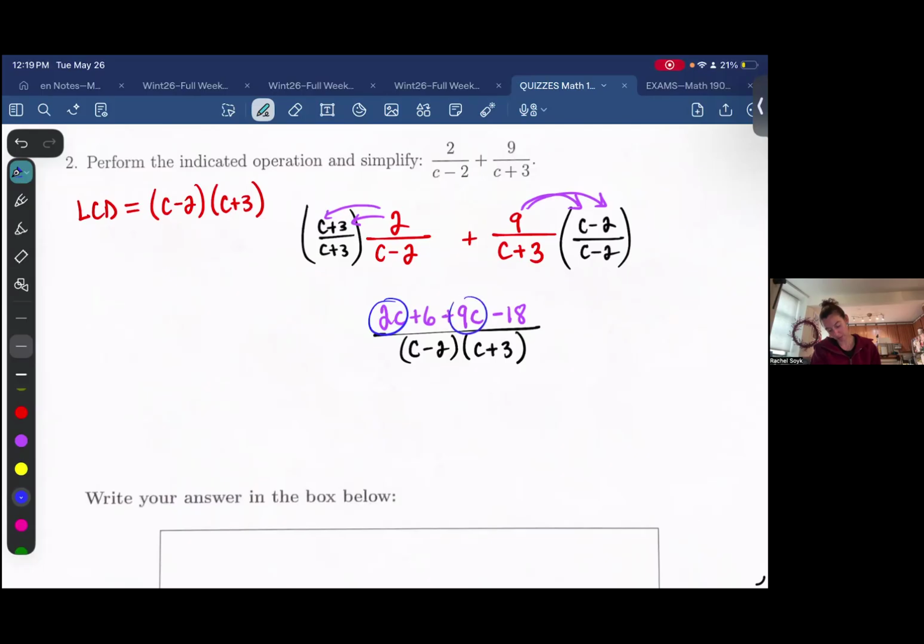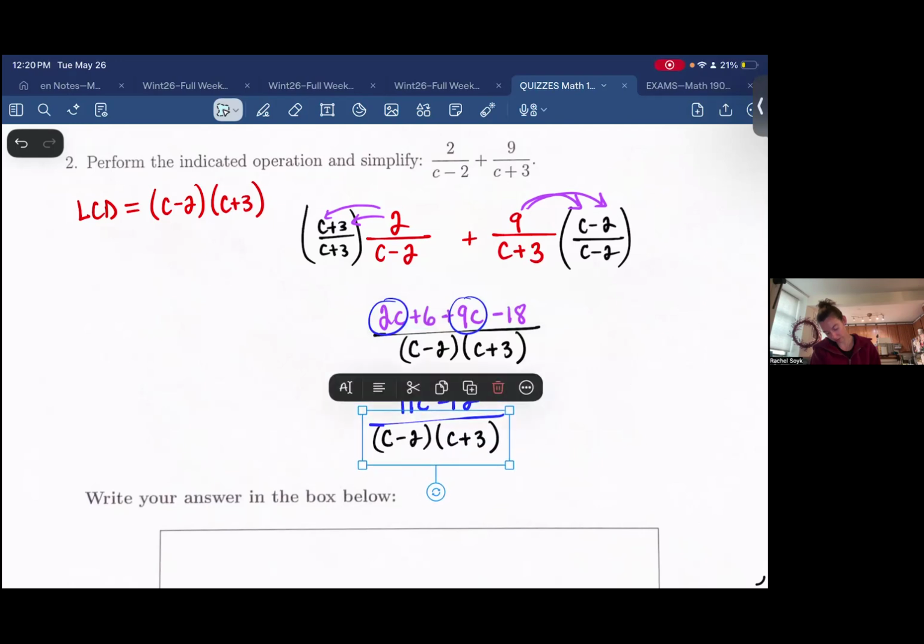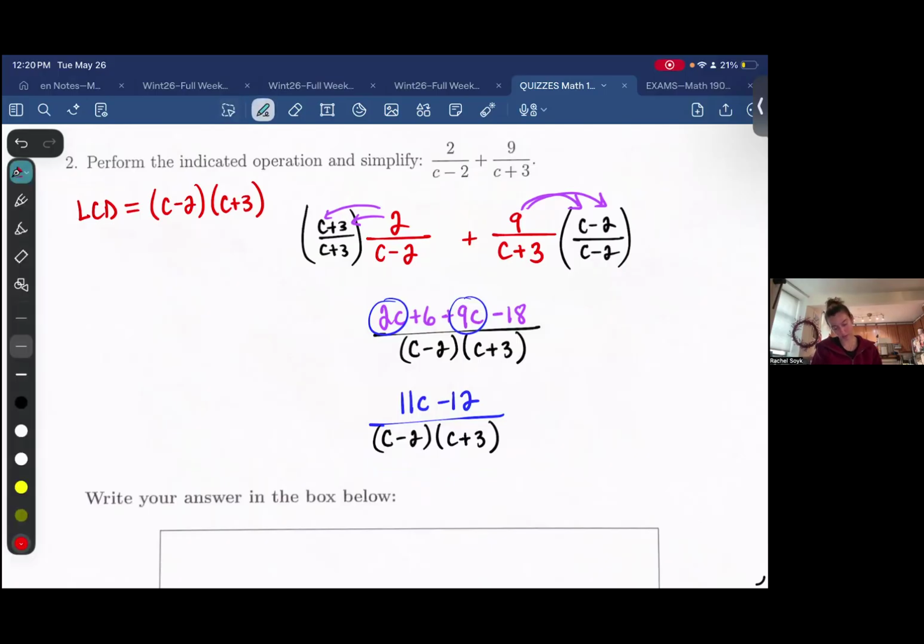Combine some like terms, and we have 11c minus 12 all over c minus 2, c plus 3. And this cannot be simplified further. So this is simplest form.